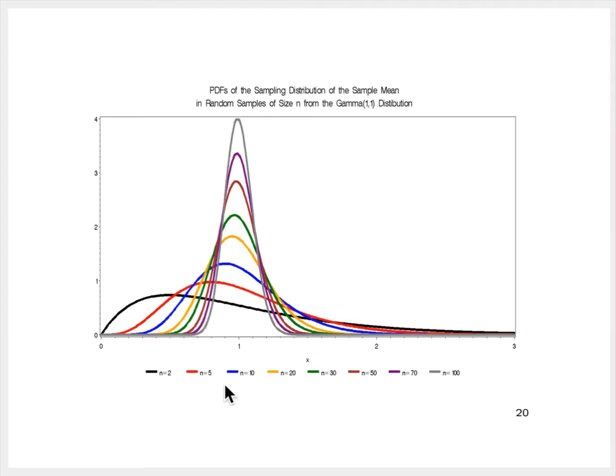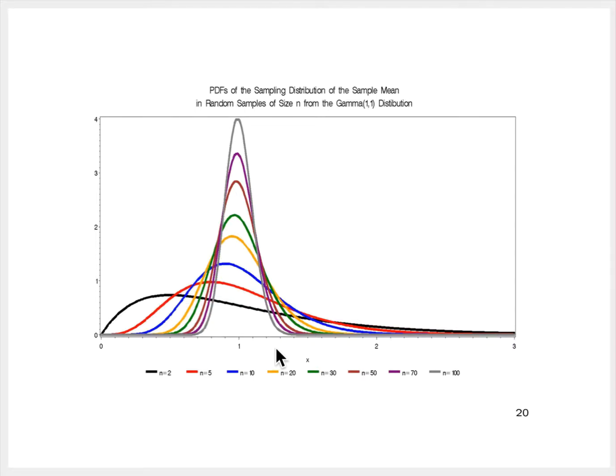If we increase the sample size further to 10, we get the blue curve. And again, it's still skewed to the right, but it's not as skewed as either the red or the black curves corresponding to sample sizes of 5 and 2. Continuing to increase the sample sizes from 10 to 20, from 20 to 30, and so forth, we're seeing that the PDF is becoming less and less skewed.